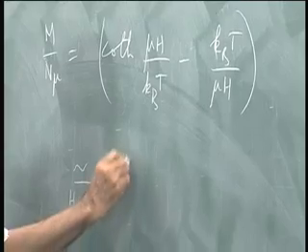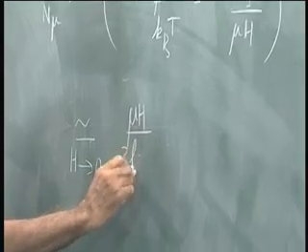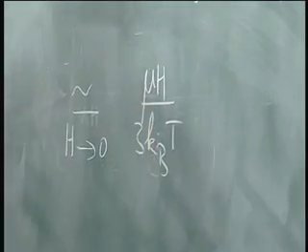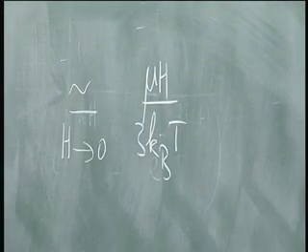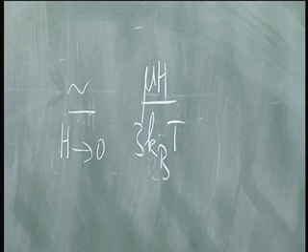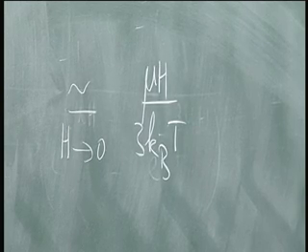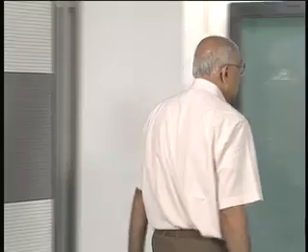It goes like mu h over 3 k Boltzmann T. The 3 came from a half minus 1/6, and that came from 1 over 2 factorial minus 1 over 3 factorial. It really came from the exponential function, and turned out to be this.